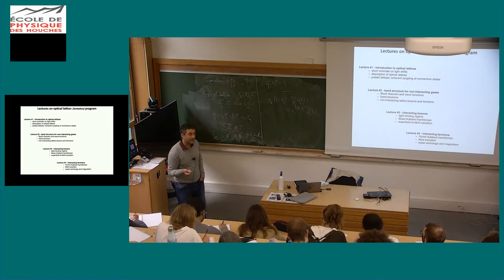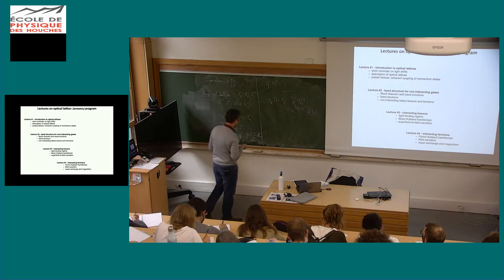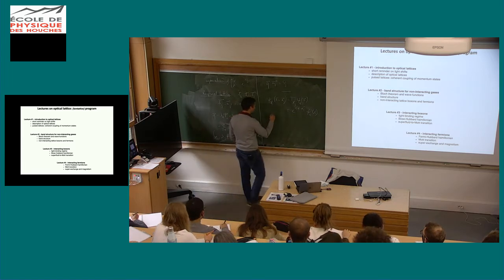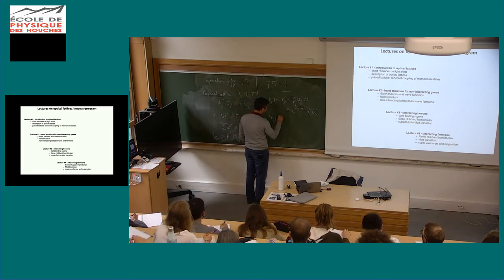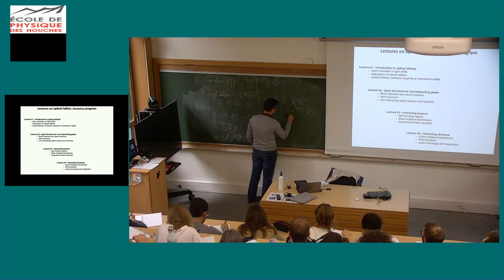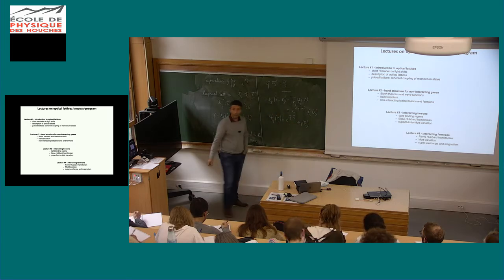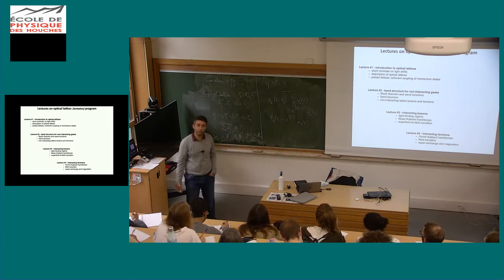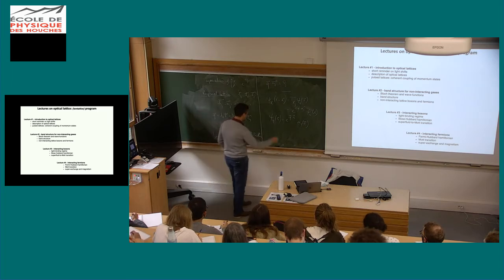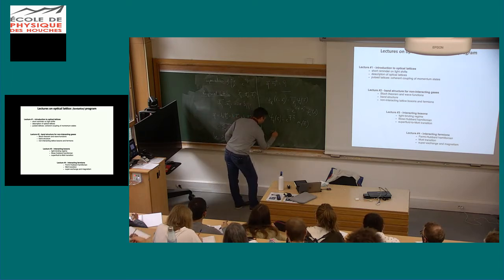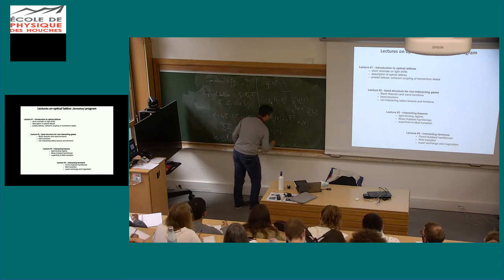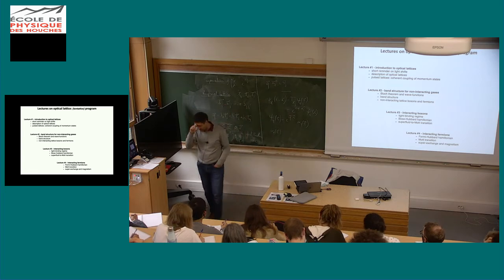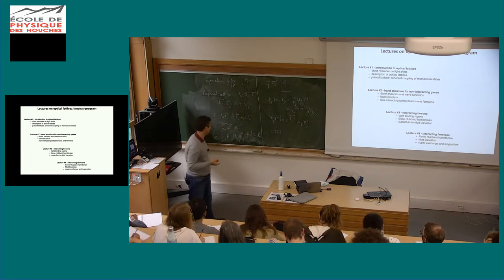Now remember that what the Bloch theorem was telling us is that I can write the wave function like this phase times a periodic one. So what I would like to do now is to know whether this function here is really periodic.